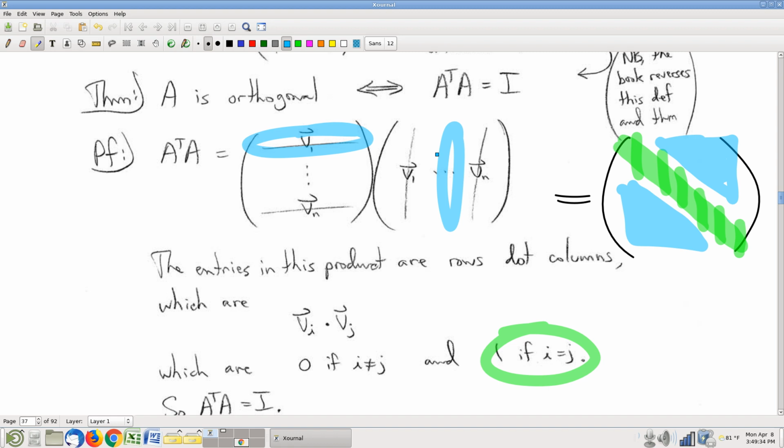So the first basis vector and the second basis vector that I'm going to be dotting are different basis vectors. Because of the orthogonality, for two different vectors the dot product is going to be 0. And so we get all zeros off of the diagonal. And there you go. There's our product.